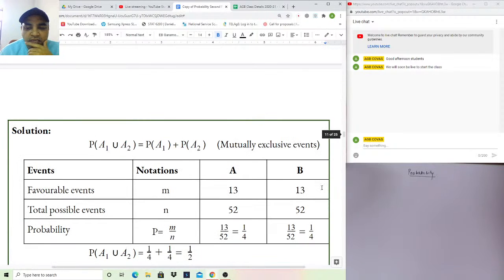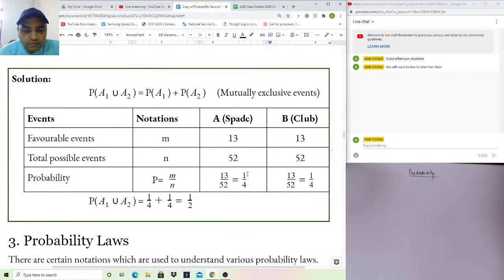So A is getting a spade and B is getting a club. How many favorable events are there? 13 in case of spade, and in case of club it is 13. Total possible events are 52, 52.